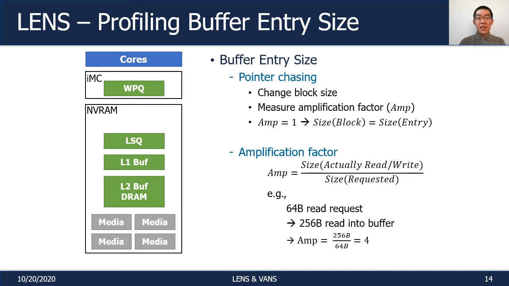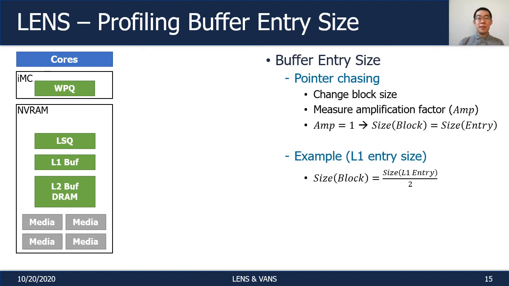Once the amplification factor drops to 1, that block size is considered as the buffer entry size. The amplification factor is calculated as the ratio of the size of actually read-written data to the size of requested data. For example, if a 64-byte request leads to 256-byte data read into the buffer, then the amplification factor is calculated as 4.